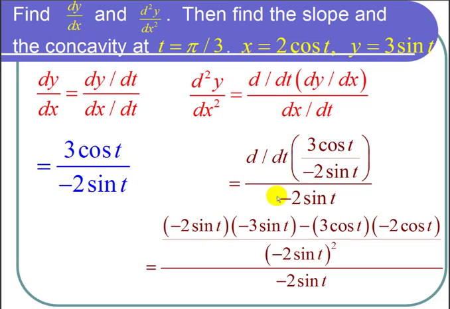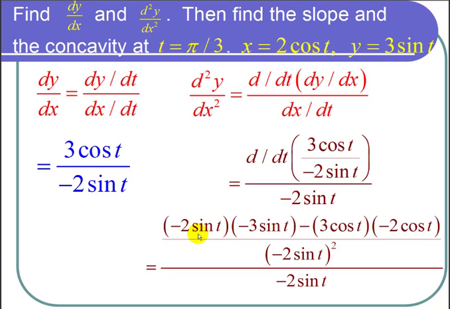The derivative of 3 cosine t is negative 3 sine t, minus the high, which is 3 cosine t, times the derivative of the low, which is the derivative of negative 2 sine of t, which is negative 2 cosine t. I square the bottom, negative 2 sine t quantity squared, and away we go. That's it. So then I got to remember I still divide by negative 2 sine of t.